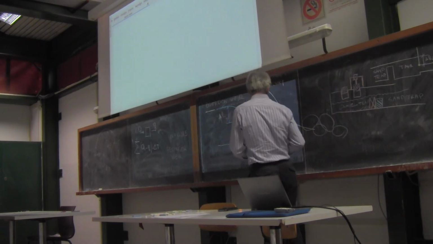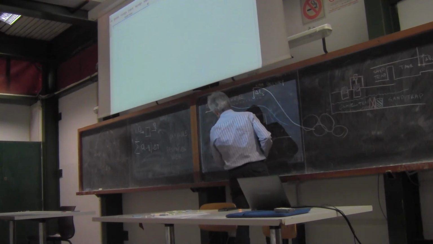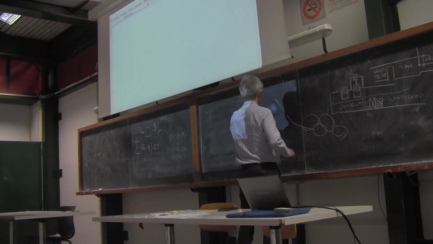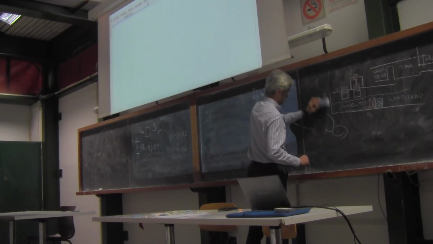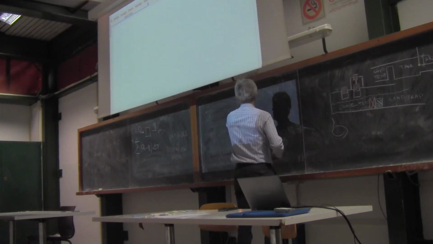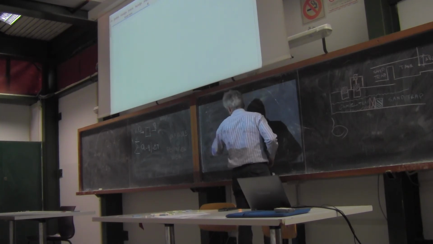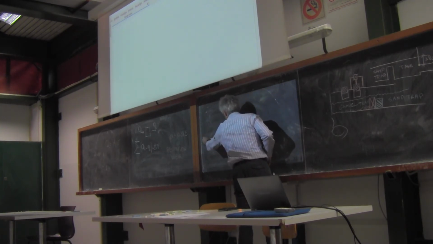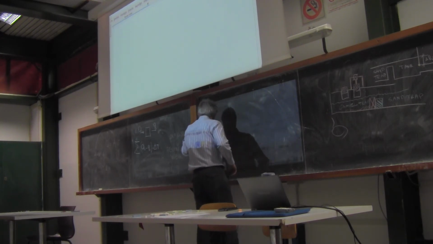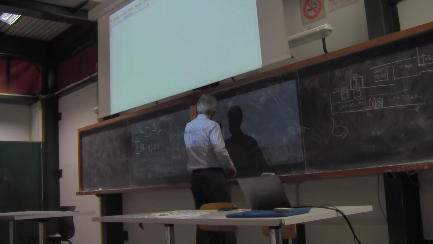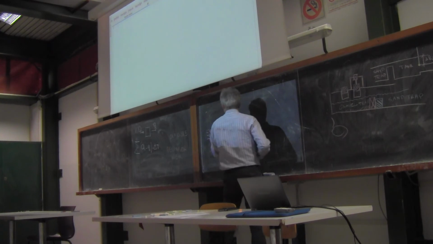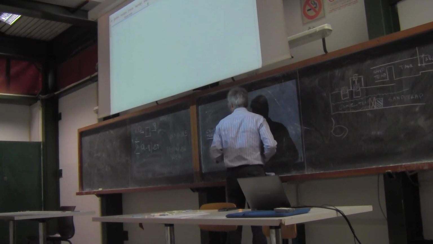Okay, so let me make a sketch of the sand trap in order to clarify how to estimate its length. So this is a sand trap. Basically we have the weir. Here we have the gravel trap, and we have the weir here. And we said that the weir is about 50 centimeters.